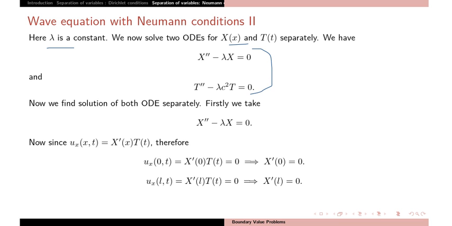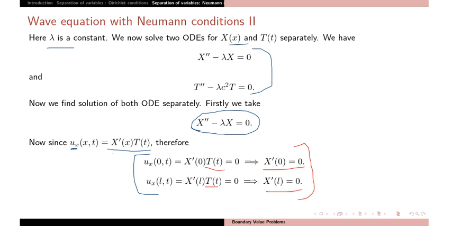Firstly I'll solve the ODE in x, and also you need ux, so I'm differentiating it. So this will be the derivative of X, dX by dx, times T. Now write the boundary conditions: ux at 0 which is X dash 0, and ux at L which is X dash L, multiplied by T. Since T cannot be 0 for all t, X dash 0 equal to 0 and X dash L equal to 0. So here the derivatives are 0.